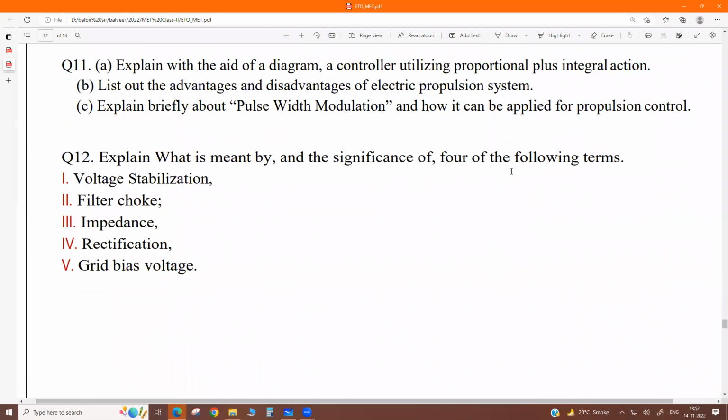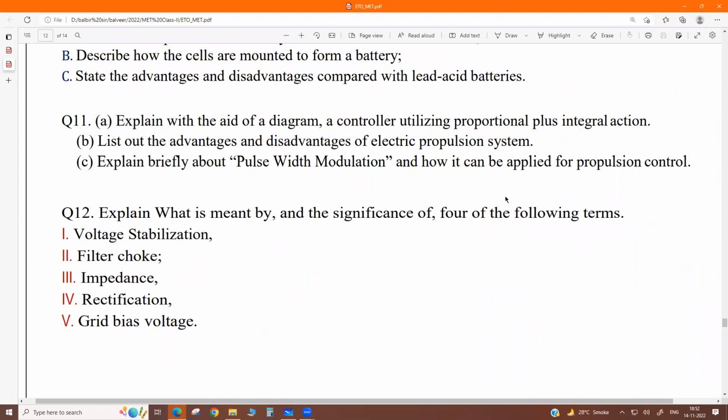What is the meaning or significance of the following terms: voltage stabilization, filter choke, impedance, rectification, grid bias voltage. Pulse width modulation applied for pulse control.